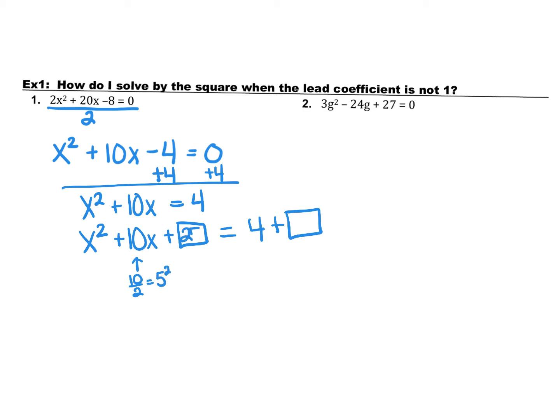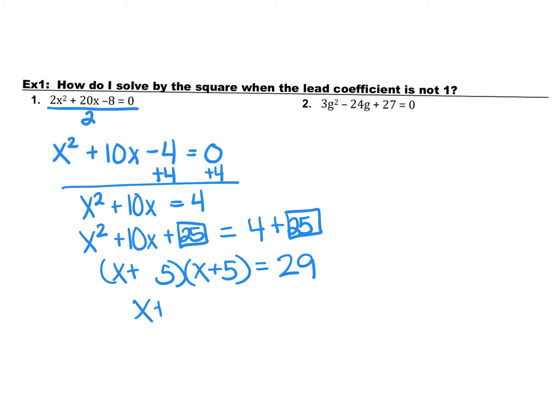So I have 25 here, and 25 right here. To continue solving, we have to factor it, and I have x plus 5, because I had the plus, and x plus 5 squared is going to be equal to 29.